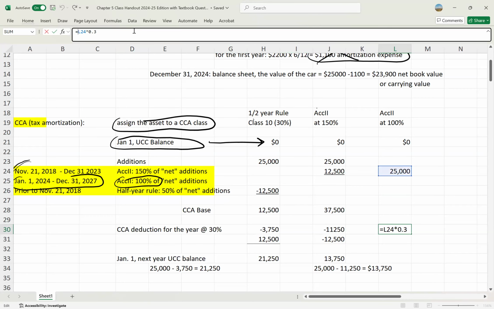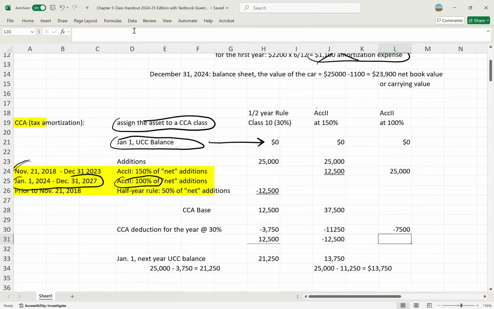So when it's the accelerated investment incentive at 100%, it just means whatever the cost of the asset is, 25,000, we'll just take CCA 30% on that 25,000, that's 7,500. So then once again, the balance going into next year will just be 25,000 minus 7,500, and we get 17,500, which again makes sense, right?